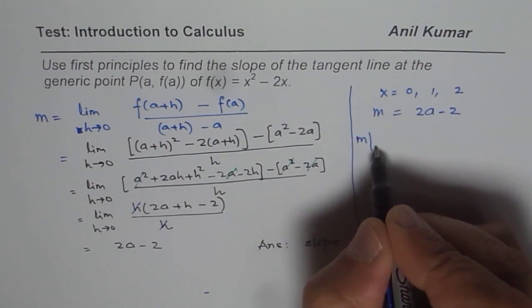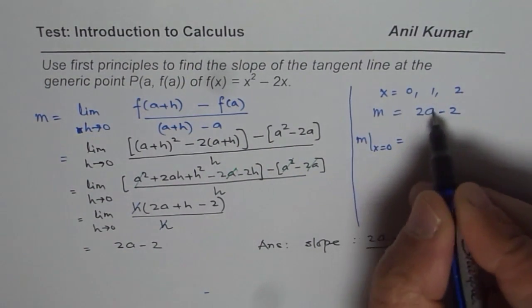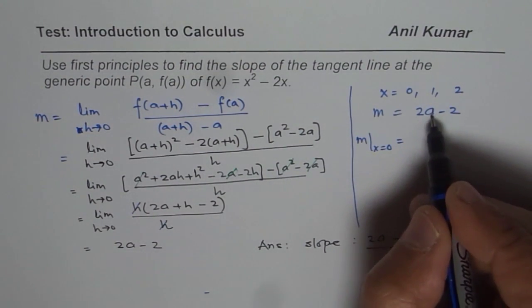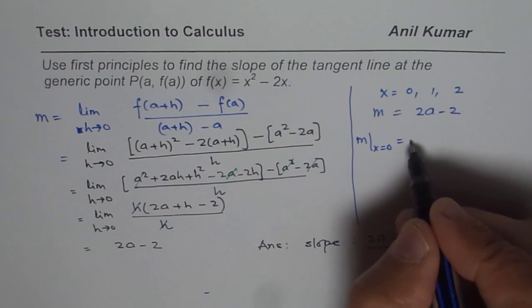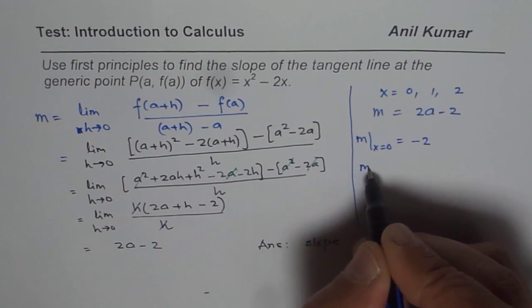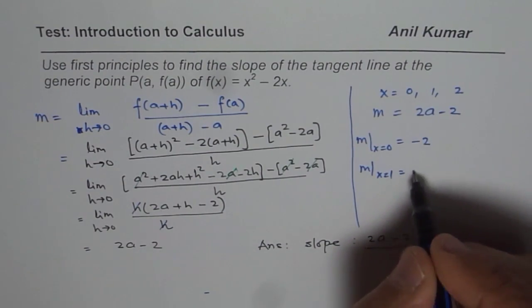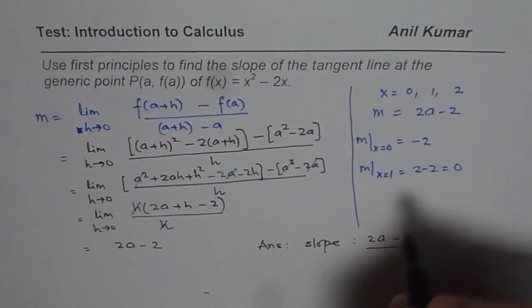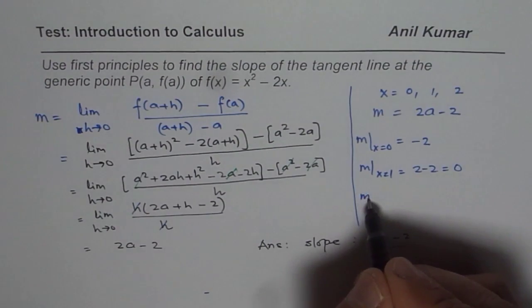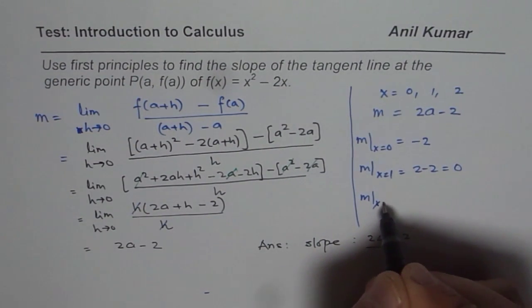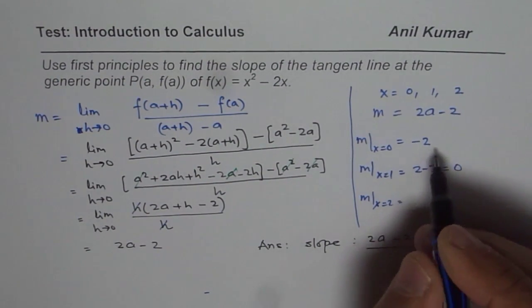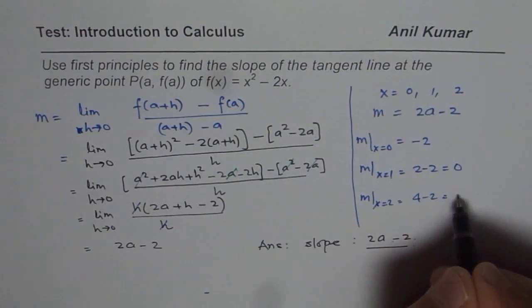So you say slope at x equals 0, substitute 0 here for a, right? So if you substitute 0, you get minus 2. And slope at x equals 1 will be, if you substitute 1 for a, you get 2 minus 2, which is 0. And if you substitute 2, so that means x equals 2 or a equals 2, we get 4 minus 2 as 2, right?